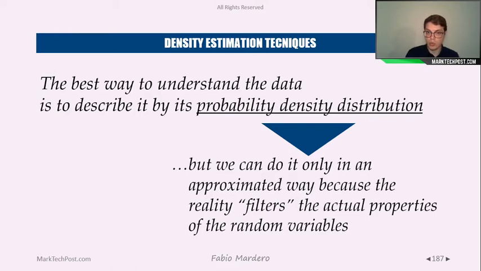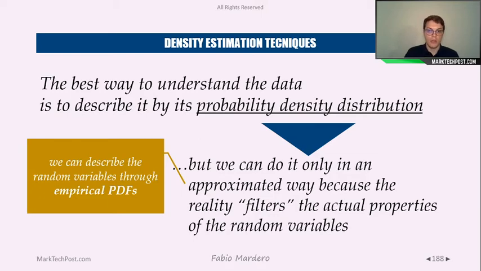The best way to understand the data, the column, the random variable, is to describe it by its probability density distribution. But remember, we have only an observed sample, not the entire sample space, the entire population. So we can do it only in an approximated way, because reality in some sense filters the actual properties of the random variables.